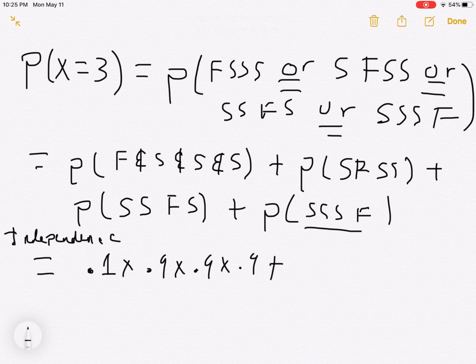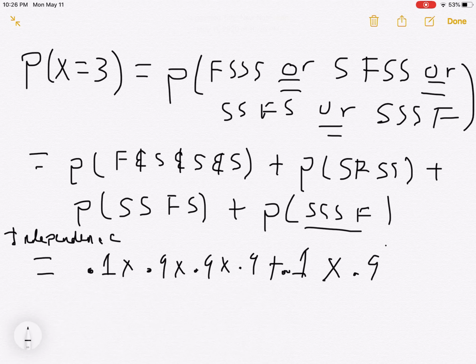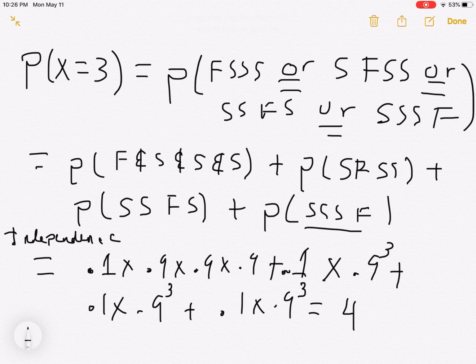If I look at the probability of success, failure, success, success, that again is going to be 0.1 times 0.9 cubed, 3 successes, plus 0.1 times 0.9 cubed, plus 0.1 times 0.9 cubed. If I look at this, I have 4 of the same object. So this is 4 times 0.1 times 0.9 cubed.